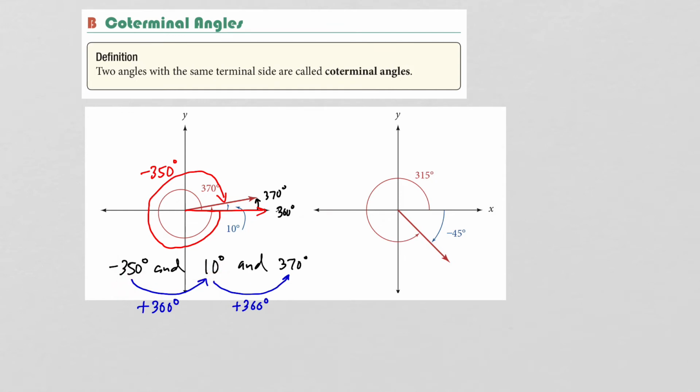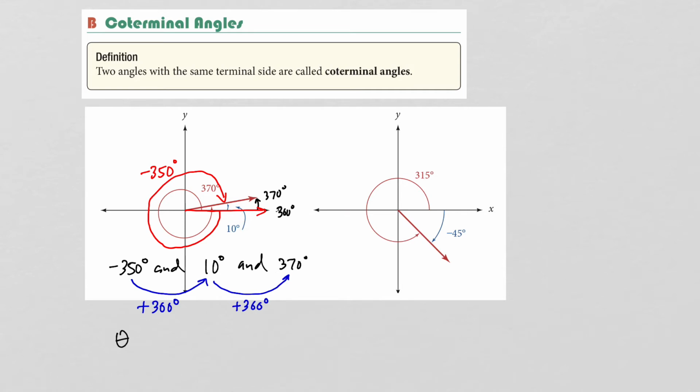To get from 10 to 370, again, I add 360. And that's just because 360 degrees is a full revolution. So no matter what angle you are currently at, if you add 360 degrees, you will be in the same place.